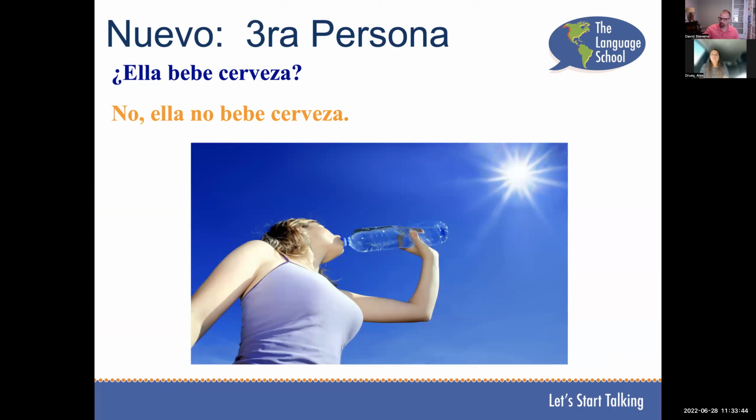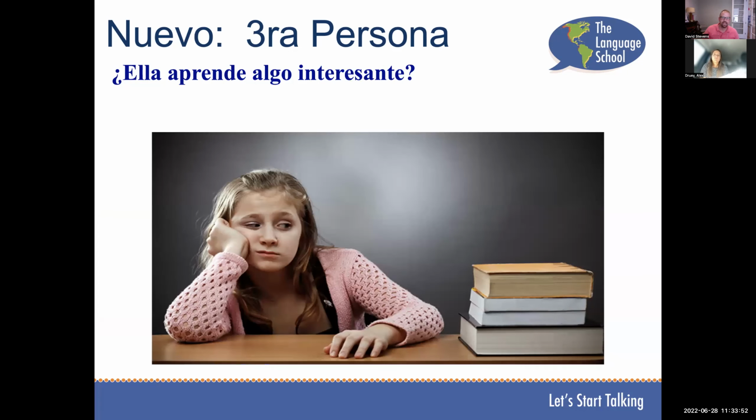Remember, the no has to come right before the verb. So you say, ella no bebe cerveza. Ella aprende algo interesante. No, ella no aprende algo interesante.